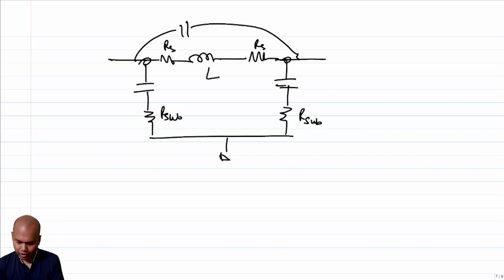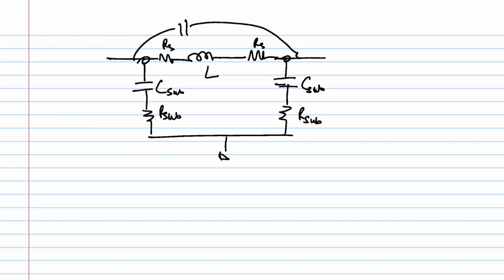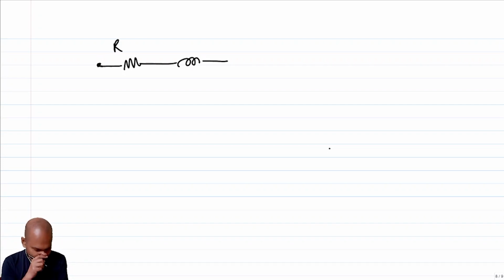If I model it as a slightly simpler model, say what is happening at fairly low frequencies, and let's say this is the resistance that is in series with the inductance.